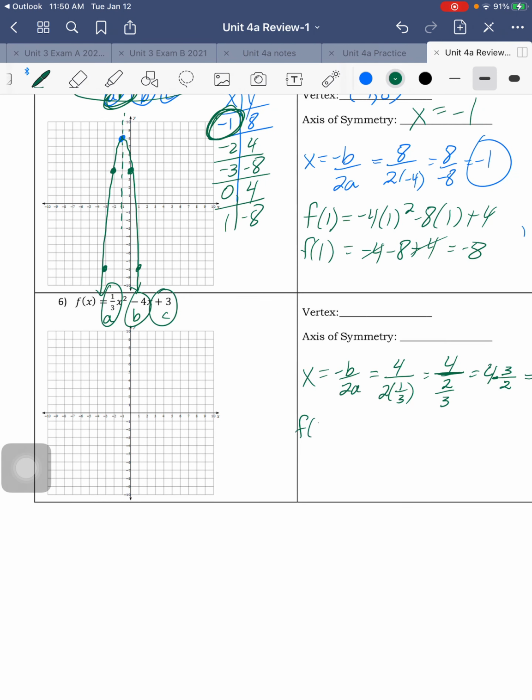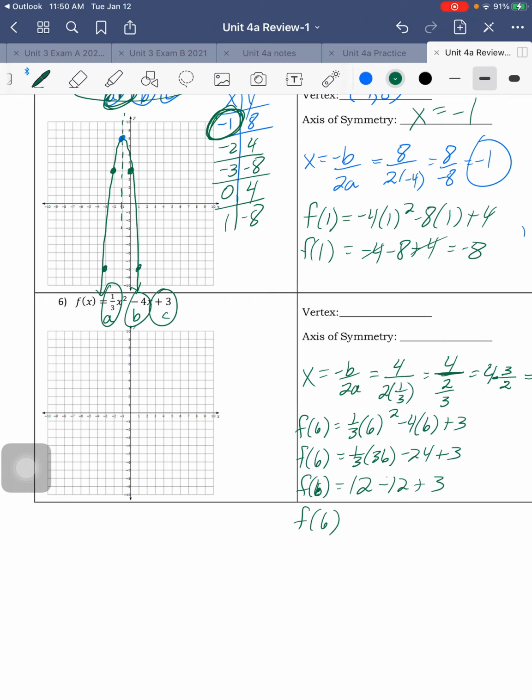What's the y value going to be? 1/3 times 6 squared minus 4 times 6 plus 3. So 6 squared is 36, minus 24, plus 3. 1/3 of 36, cut it into thirds, is 12, minus 24 plus 3.